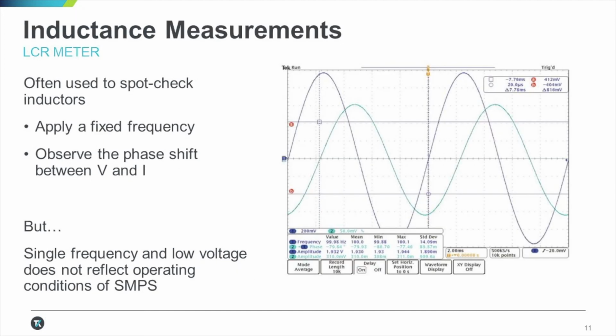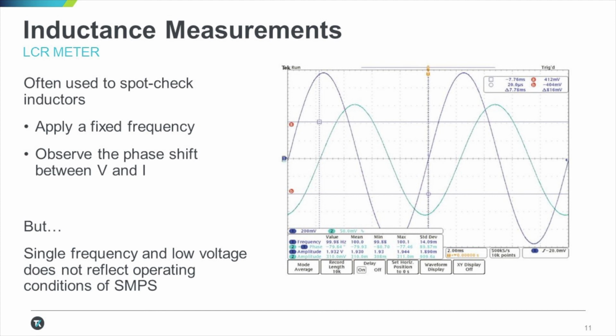We want to begin to talk about inductance measurements and wanted to point out some currently used methodologies in getting such measurements. The first is using an LCR meter. This approach is used by applying a fixed frequency and then observing the phase shifts between voltage and current, as you see in the diagram on the right.